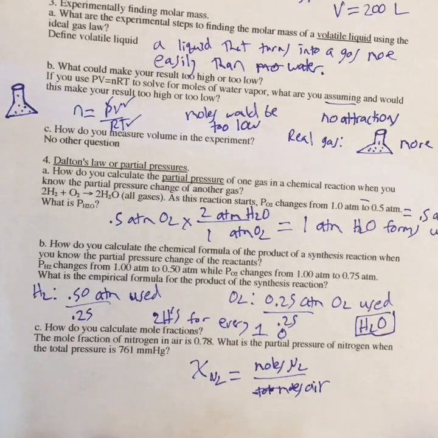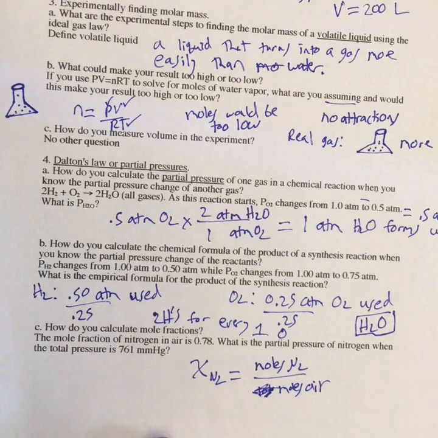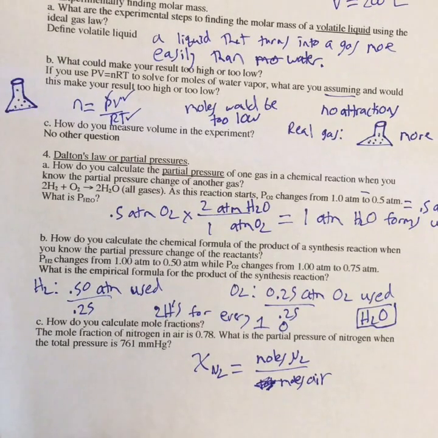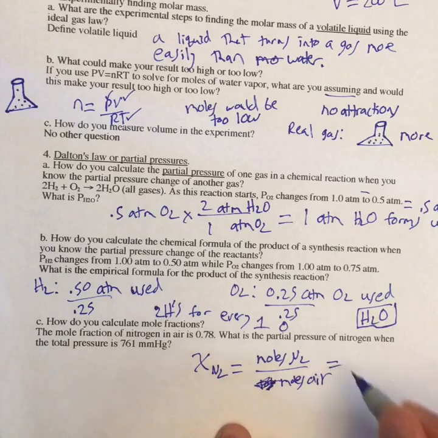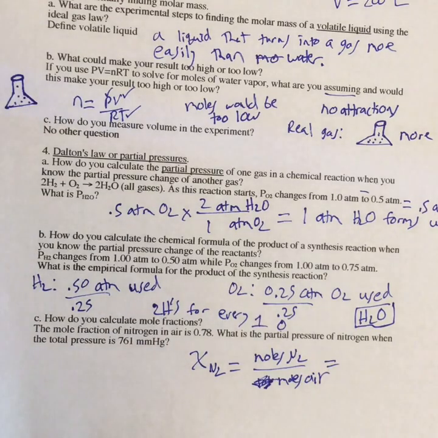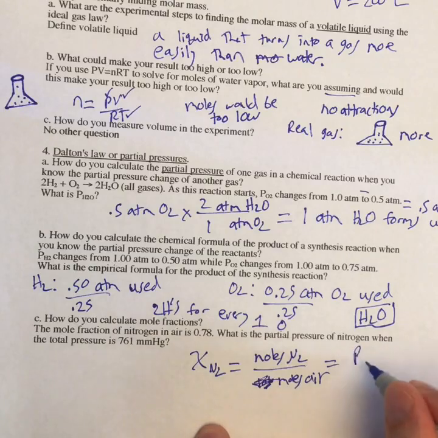And because pressure can be treated just like moles as long as temperature and volume are constant, I can say that this mole fraction is also equal to the partial pressure of nitrogen over the total pressure of air.